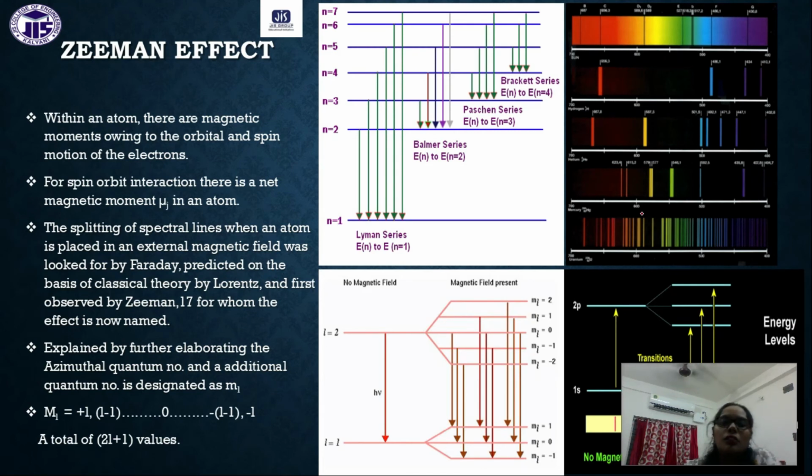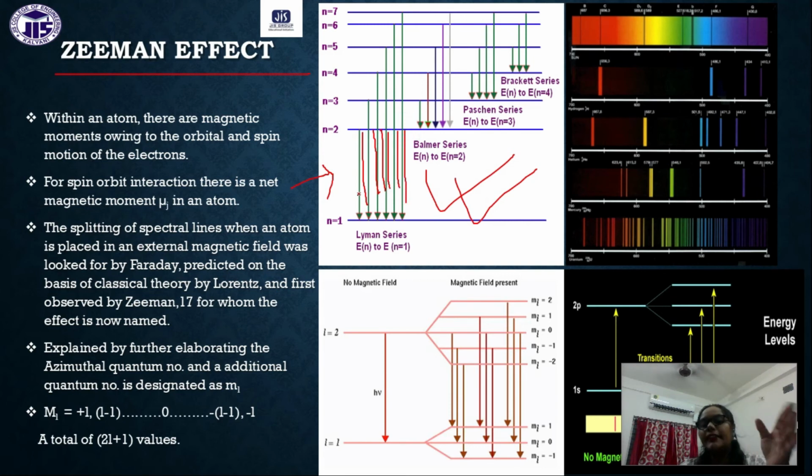Now, the Zeeman effect. What will happen? These are the line spectra which we get from Bohr's atomic model. Now if we apply a magnetic field, as I told you, these energy levels will be subdivided, very closely spaced, like a band.